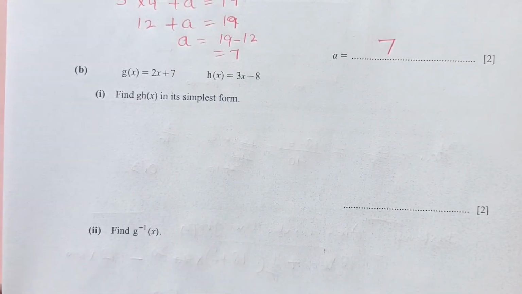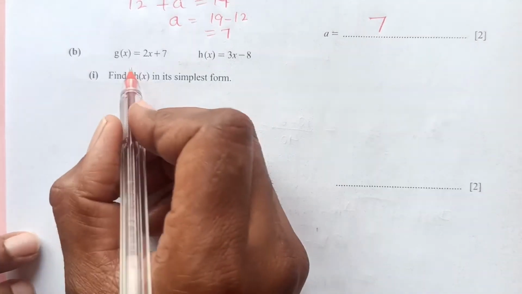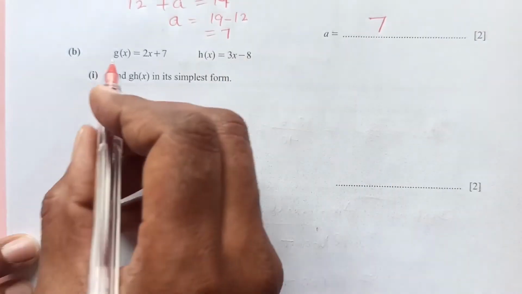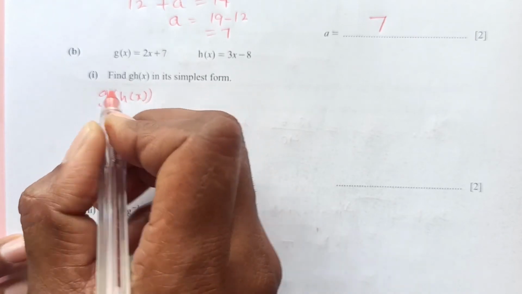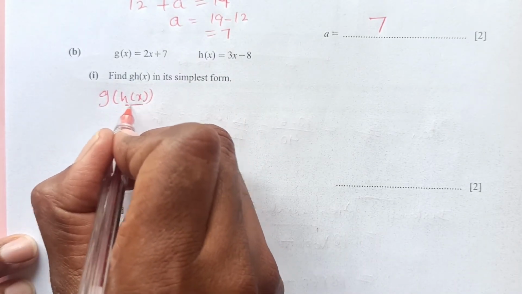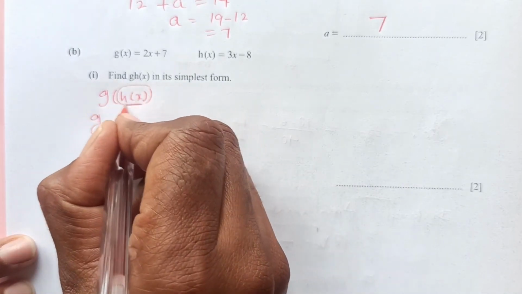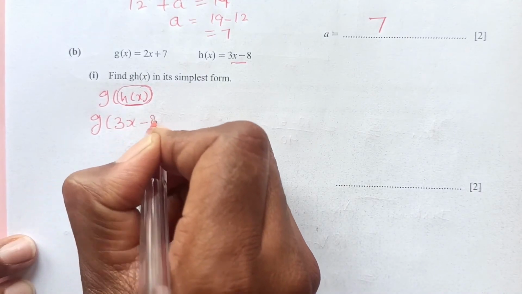Now part B, we have here g(x) equals 2x plus 7 and h(x) is this. Find g of h(x). So guys, remember, you just start from the right hand side for the functions g, h(x). Now replace this thing by h(x). h(x) is 3x minus 8, right?